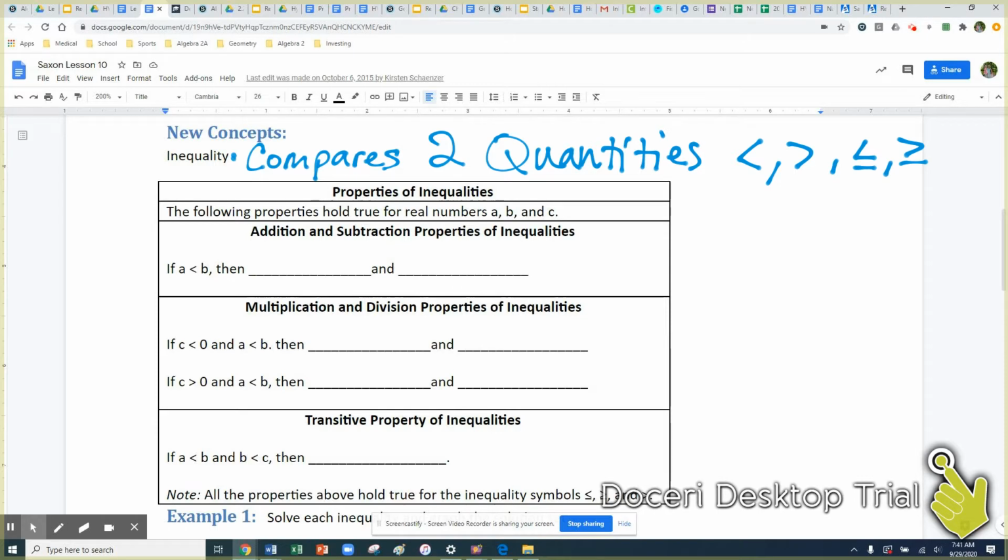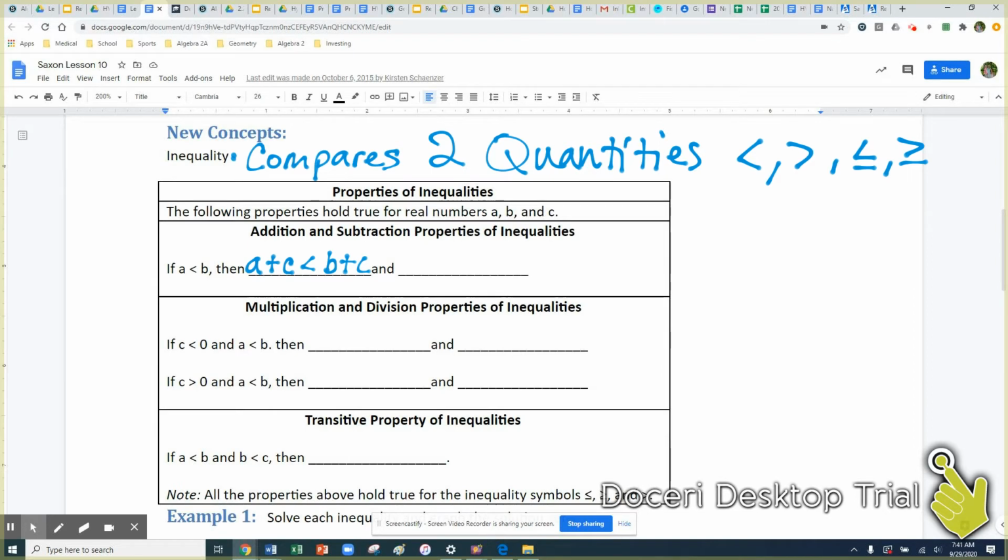A couple of properties of inequalities, so how we can solve these and what we can do. First, the addition and subtraction properties of inequality. The following properties are going to hold true. As we're solving these inequalities, we have to follow these properties. So first, if you have a statement that A is less than B, so one quantity is less than the other, then if you add the same amount to both sides, the left side, the side with A, is still going to be less.